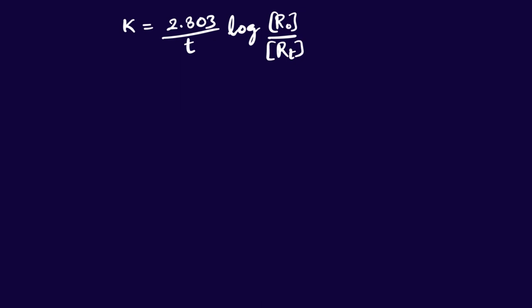Then we know the first order integrated rate law: K is equal to 2.303 divided by time, log of R naught concentration by R at T time concentration. Similarly, K is equal to 2.303 by time log.